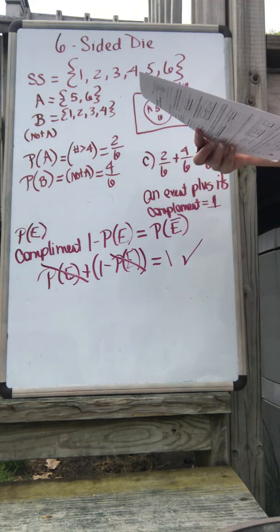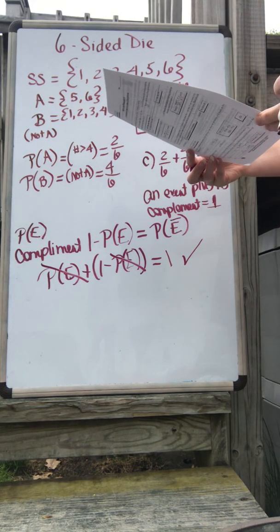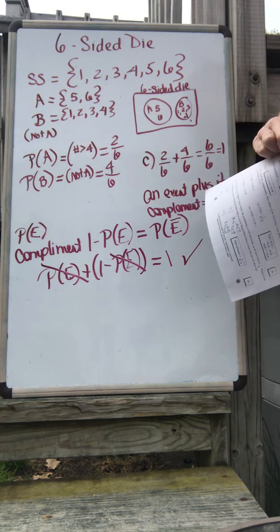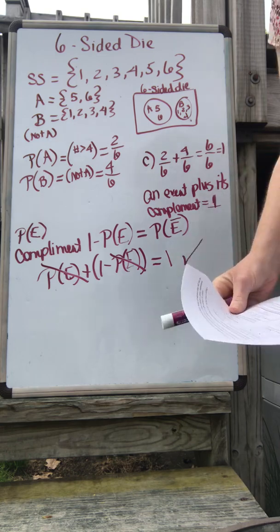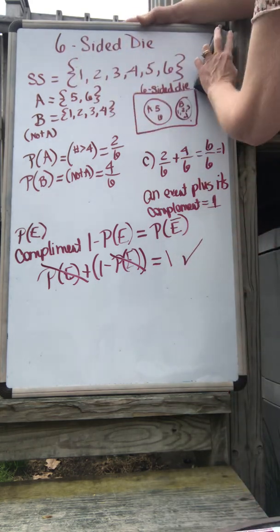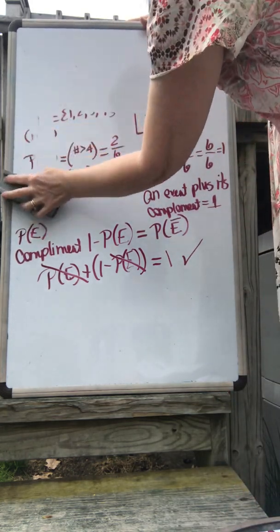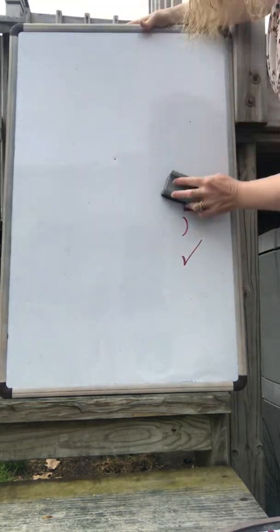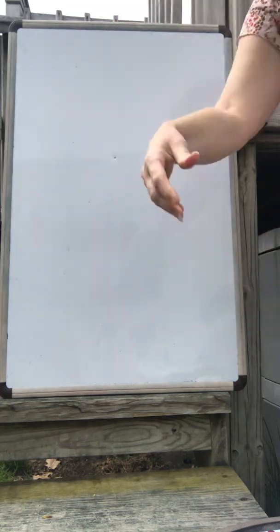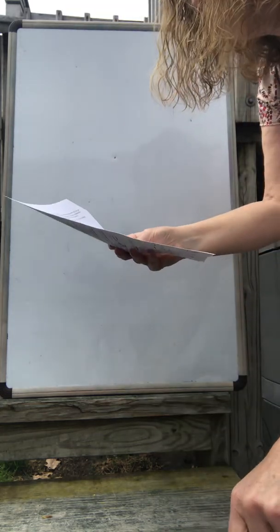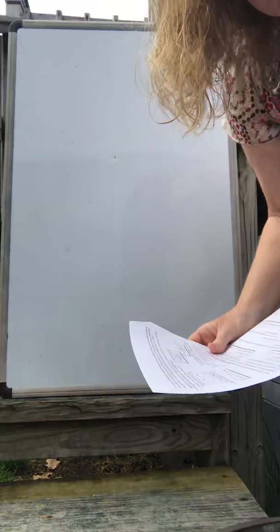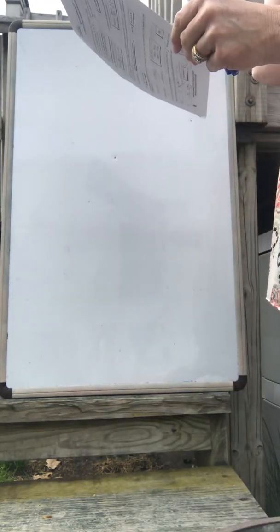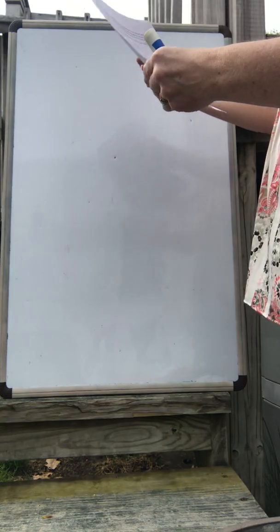So that was exercise 3. Now exercise 4 is talking about drawing a marble from a bag. So let's get rid of all this and let's have a nice clean board for problem 4. Problem 4 says the probability you will draw a red marble from a bag is 3 out of 17.